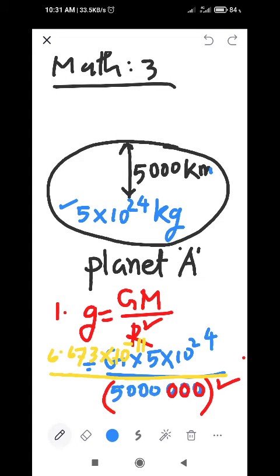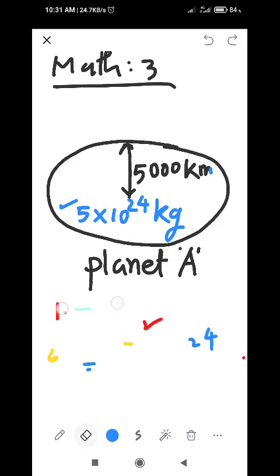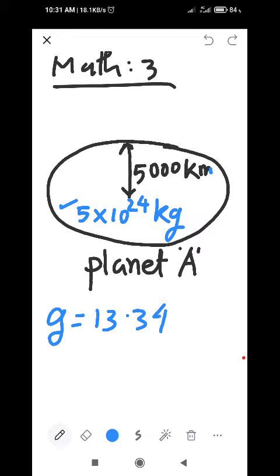Okay. So acceleration due to gravity on the surface is 13.34 meter per second square. That is the value of Z.